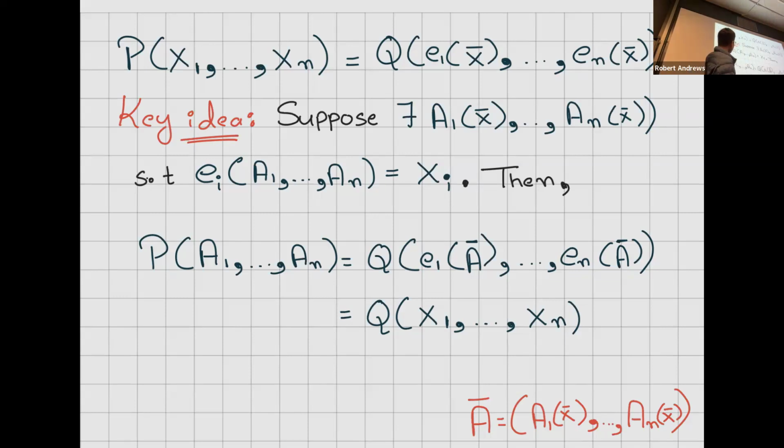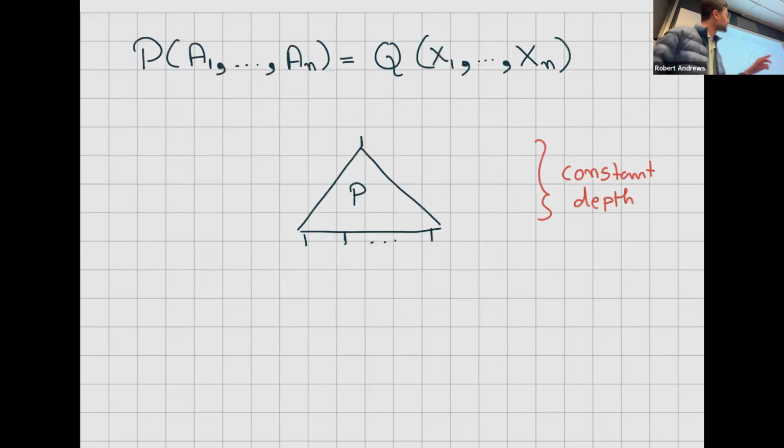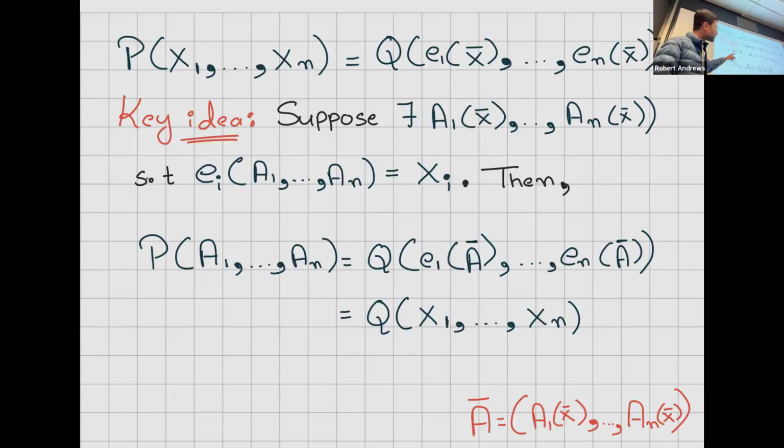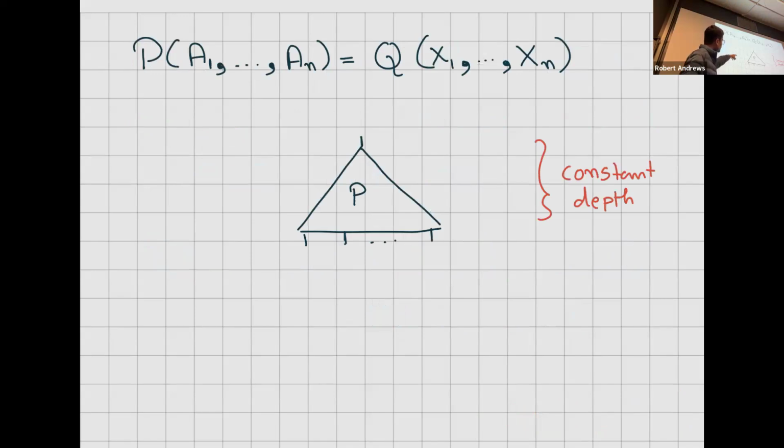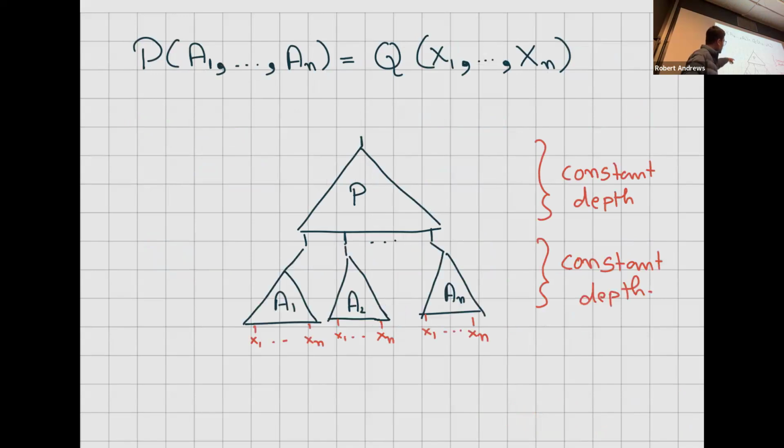And since Ei of A1 up to An is xi, this is equal to Q of x1 to xn. So suppose we had this A1 up to An. What it means is that I'm able to get my hands on Q from P. To make it explicit, I had a constant depth circuit for P, I plug in A1, A2, up to An into its inputs, and that's equal to Q.